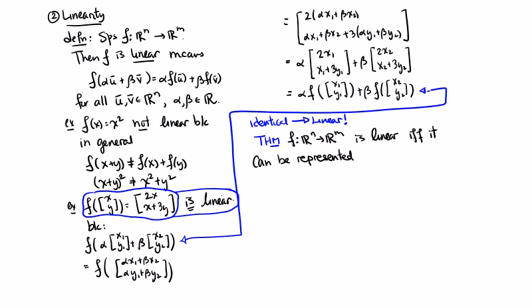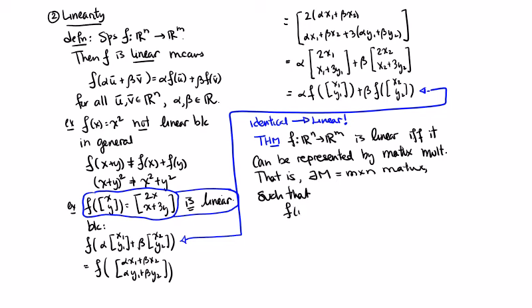So I'll remind you of what that means. In other words, there exists an m by n matrix M such that f of u is Mu.